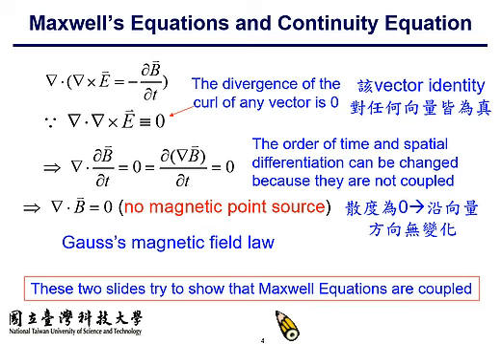But the physicists say they can be written in just one equation. That's true, because all 4 Maxwell equations are related. And in the next 2 slides, we can see how they are related. So the 4 equations are not independent.